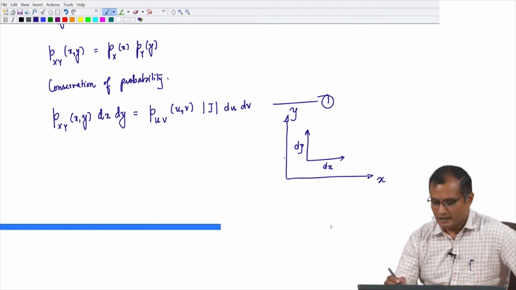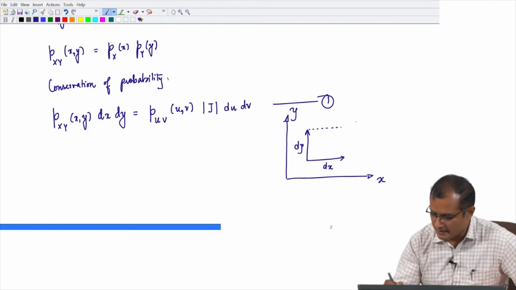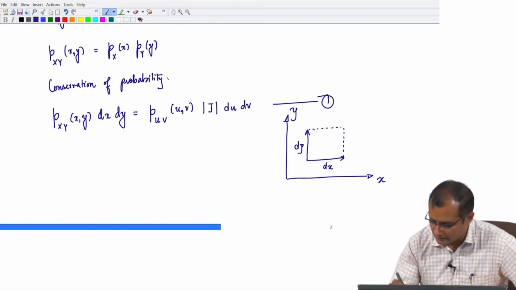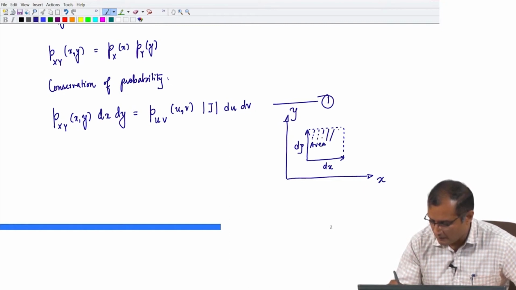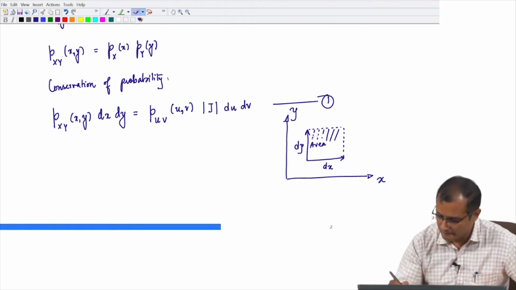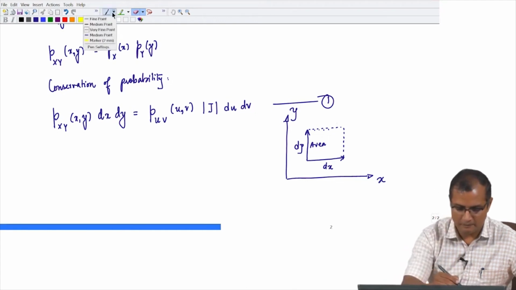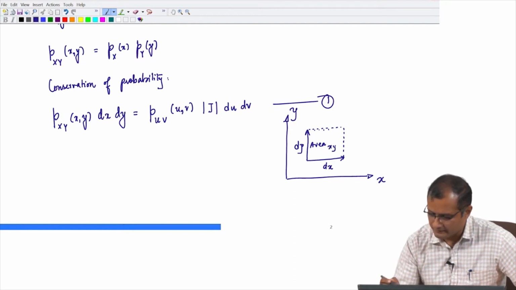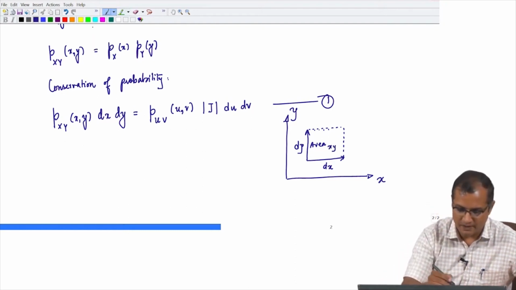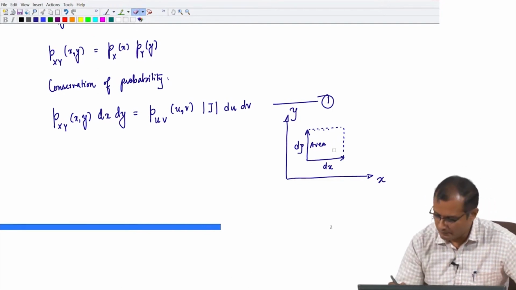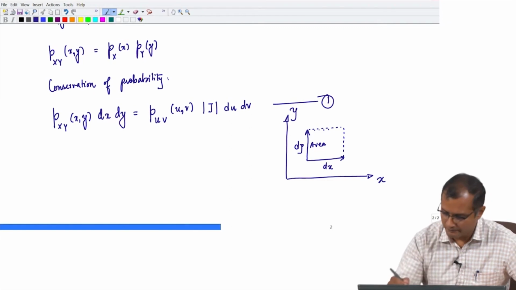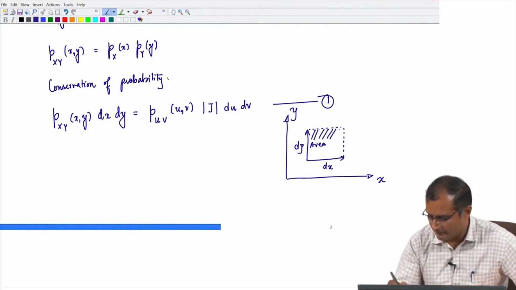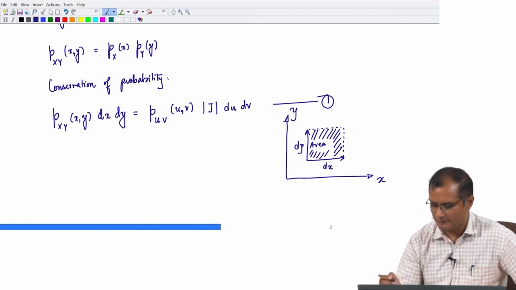Okay. And this is the small area that I would like to draw here. I will call it area x y, or let us just call it area, okay.